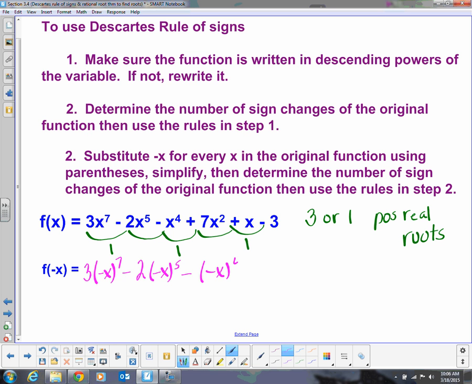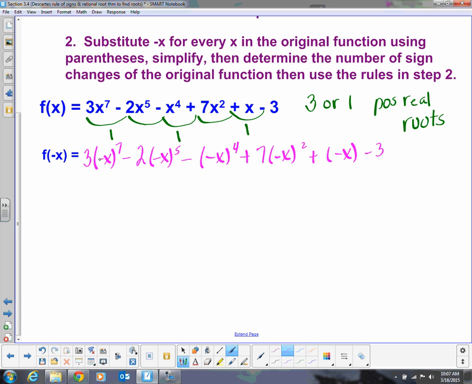An odd power of negatives means negative times negative is positive overall for an even count, so the sign doesn't change for the even powers. Even powers of negative x become x squared, so that's plus 7x squared minus x minus 3.